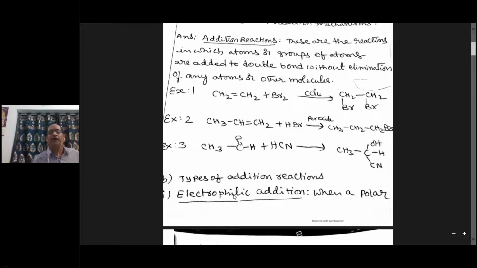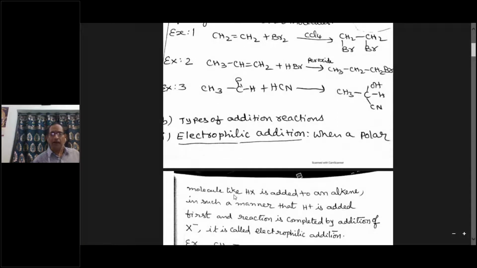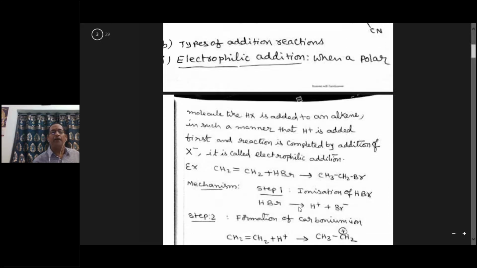Free radicals are very reactive species. Now, what is electrophilic addition? When a polar molecule like HX is added to an alkene in such a manner that H plus is added to the carbon first, and the reaction is completed by the addition of X minus, it is called electrophilic addition.